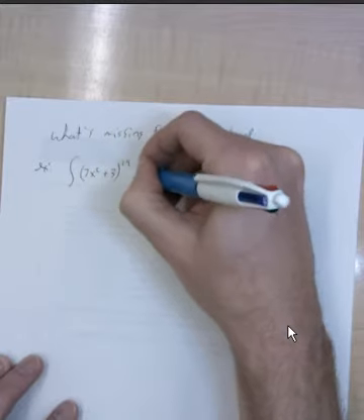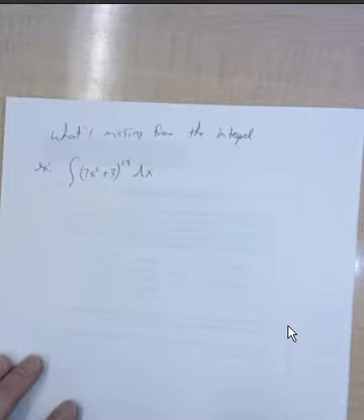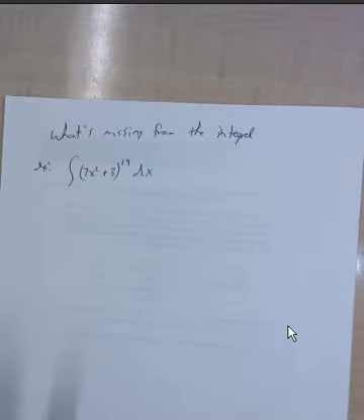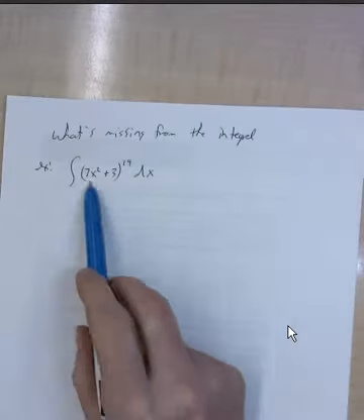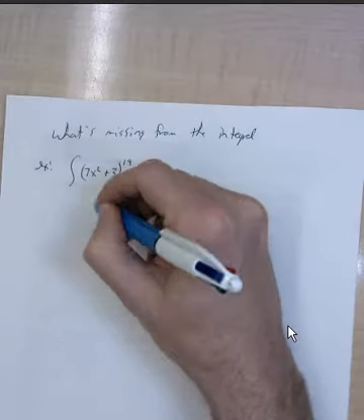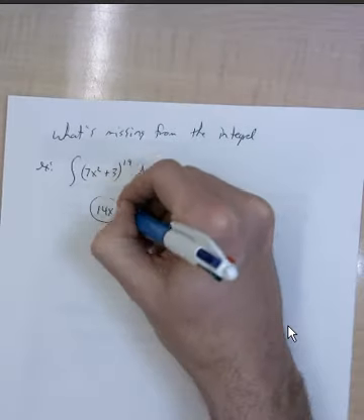And I don't want you to integrate this. I just want you to tell me what's missing from this integral. 14x. It's really simple to figure out what's missing. All you got to do is do the derivative of the inside. So 14x is what's missing. We would like it if there was a 14x right there, but there isn't.